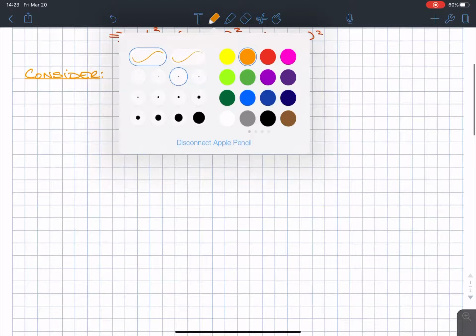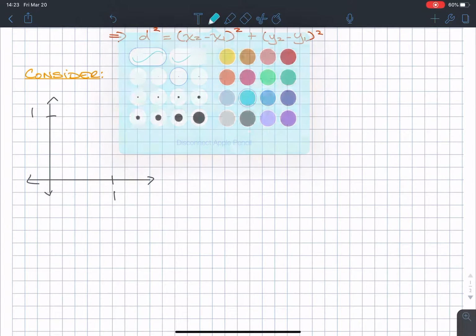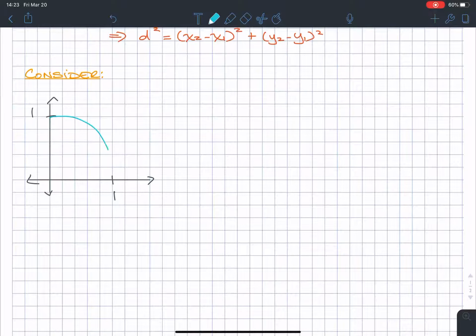So what I'm going to do is focus on the first quadrant of the unit circle. So let me try and draw just the first quadrant here. So 1 and 1. Don't know if it'll let me draw a nice curve. No, it's not going to let me do it.